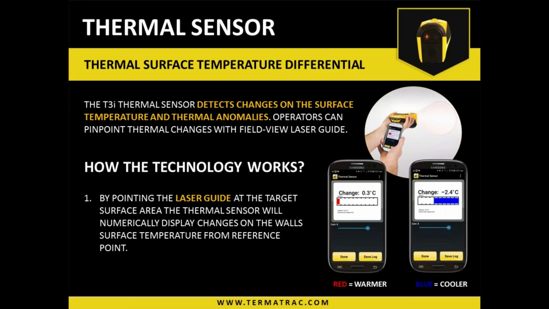And then we have the numerals telling us what the change is by how much it has increased temperature. If we move it and blue comes out on the bar from the right-hand side, it's indicating we've moved to an area with lower surface temperature. And then it's depicted with a negative numeral on the top of the screen there as well.